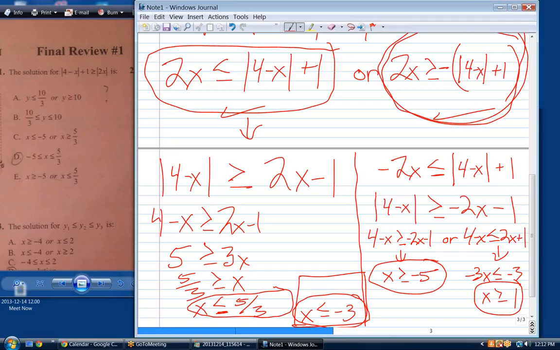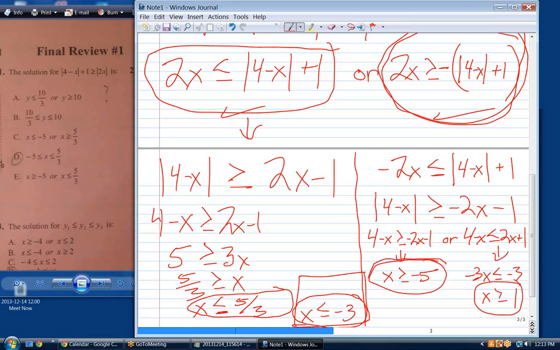There's no way A or B could be the answer because they're in terms of y, not x. Less than or equal to -5 or greater than or equal to 5/3. Almost looks like, let's see, right here, D is the answer. Notice that D is my extremes.